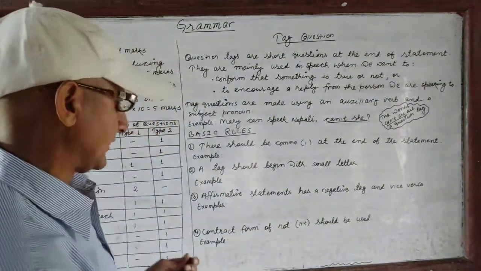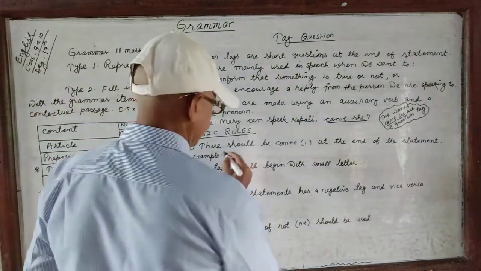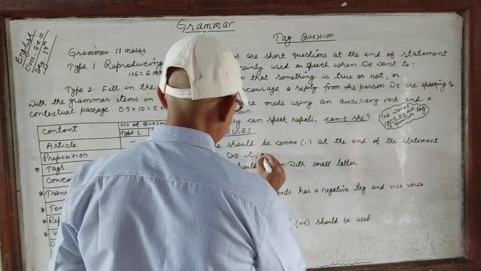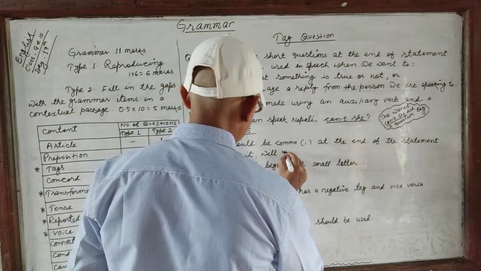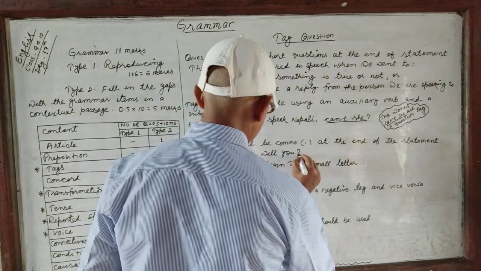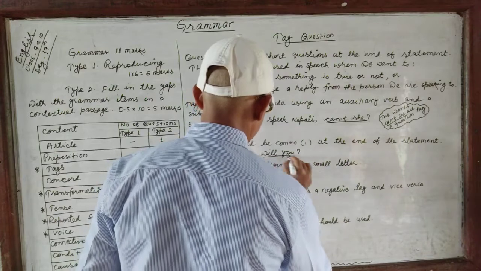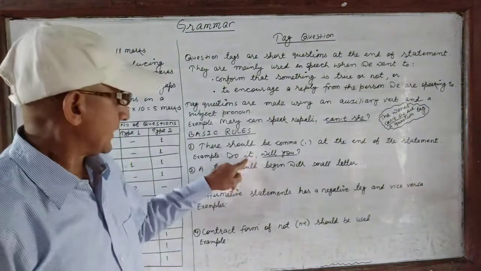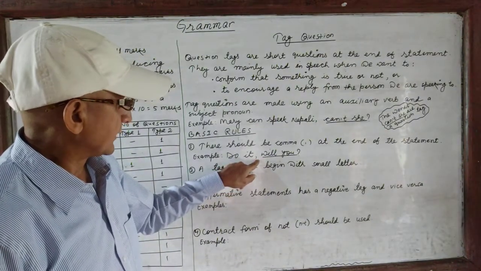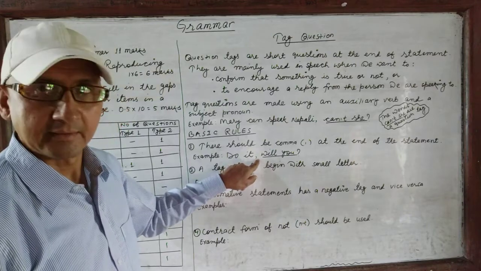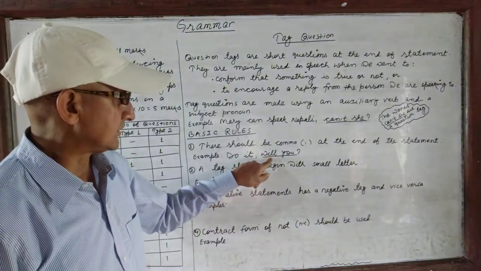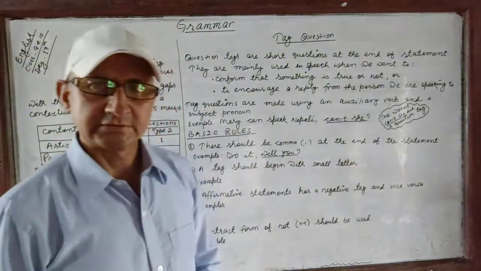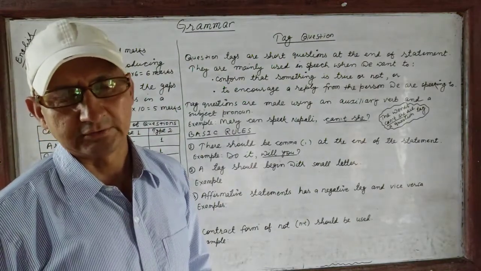Let's clear it from the example. Do it, will you? Do it is a statement, and after a statement there should be a comma, and after the comma we write the tag. This is the first rule of tag questions.